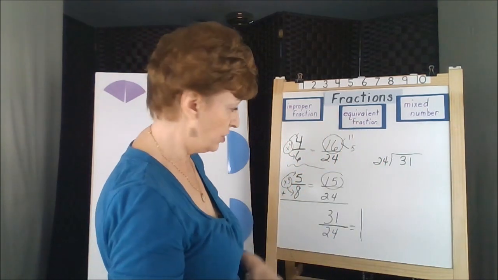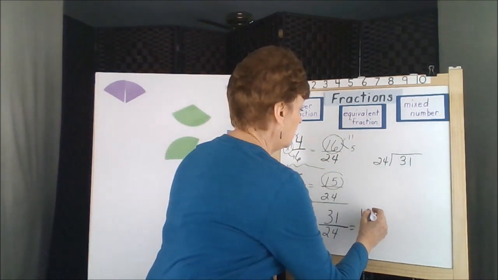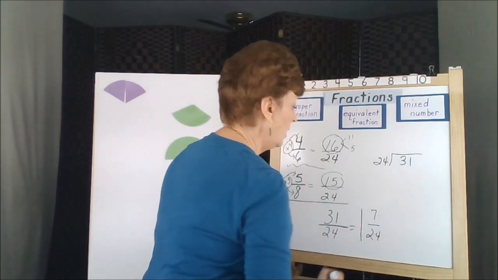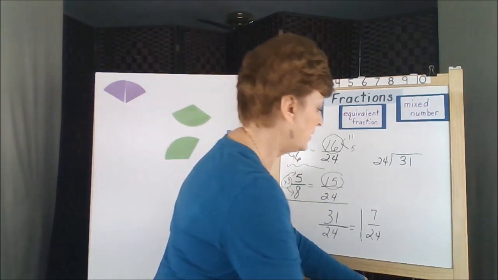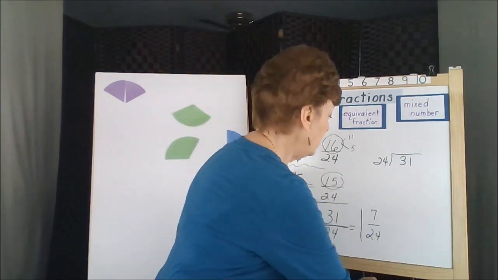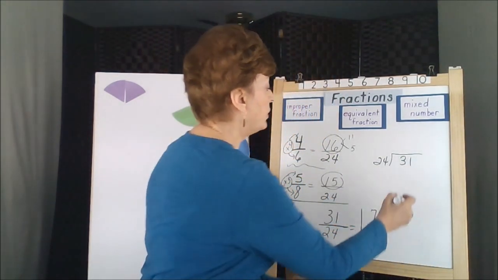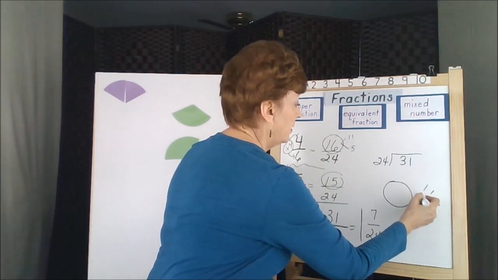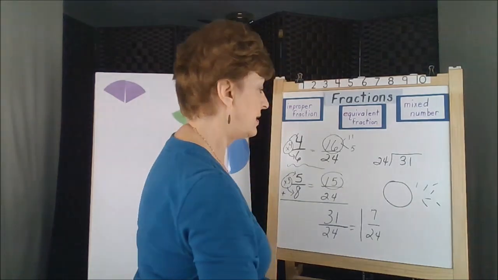There are 7 left over. I have 7 24ths left over. So all those cuttings of these pieces that we did and made 24ths out of them, there's one whole circle and 7 pieces that are left over.